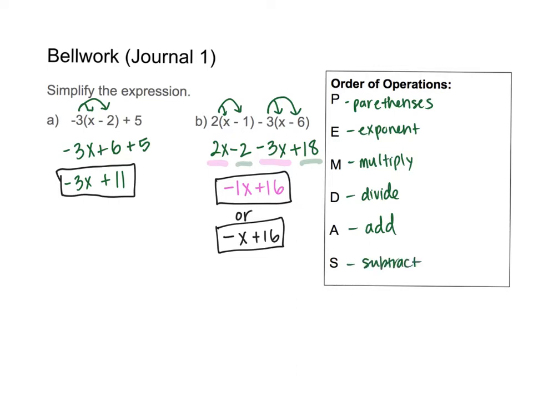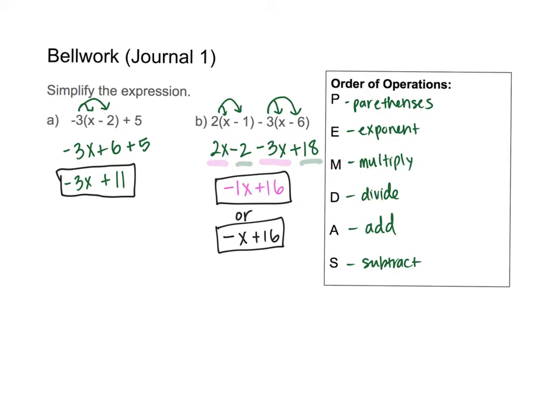Now, here's the thing. When it comes to multiplication and division, they're actually thought of equivalently. The order that you do multiplication and division are on the same level. The only thing is, because we live in the Western part of the world, we actually have to do it from left to right.